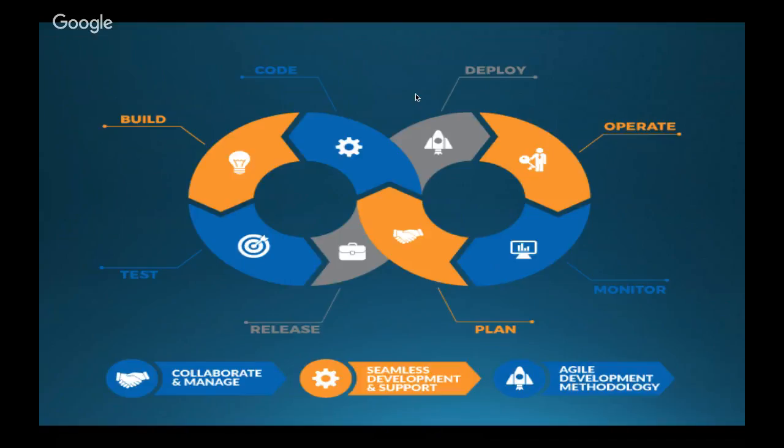So the code inside the build is tested, and then it is rolled out or released. Once it is released, maybe on staging or production or somewhere else, from the release process it is taken and deployed on different kinds of servers.